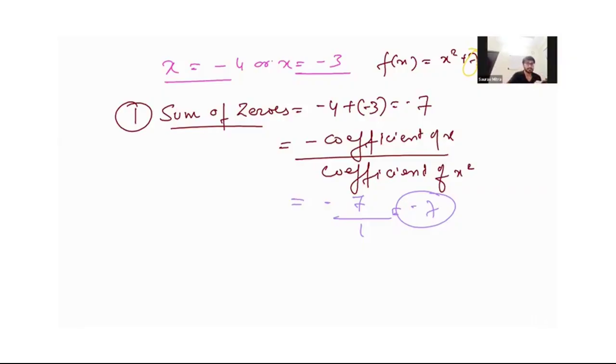Now next is the product of zeros. Product of zeros means we multiply the zeros we have calculated.